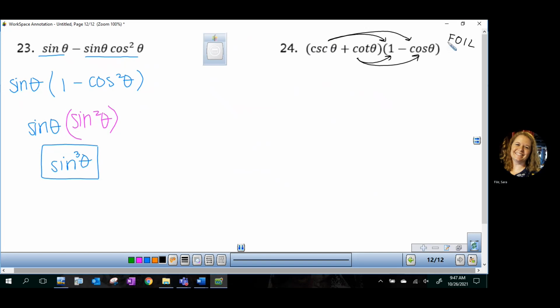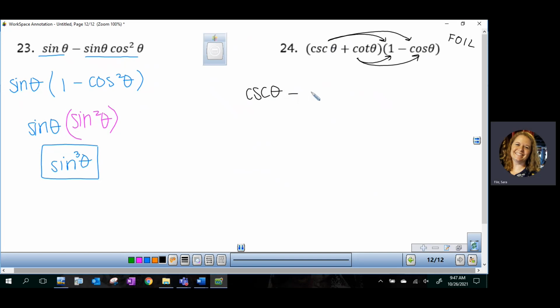FOIL. First, outer, inner, last. So you multiply the first term of each, the outer terms, the inner terms, and the last term of each. Now remember that? FOILing in algebra 2. Okay, you don't have to remember that acronym. You can just think of it as double distribution. So the cosecant times 1, that's just cosecant. Cosecant times negative cosine.